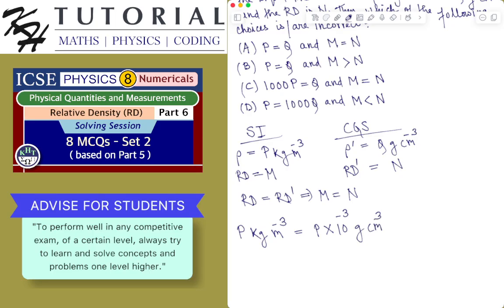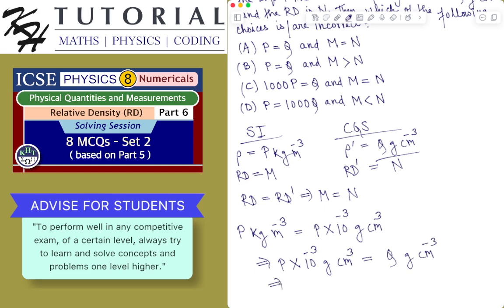Also in the problem it is given that the density in the CGS system was found to be Q gram per centimeter cube. So we must have P multiplied by 10 to the power minus 3 gram per centimeter cube equal to Q gram per centimeter cube.